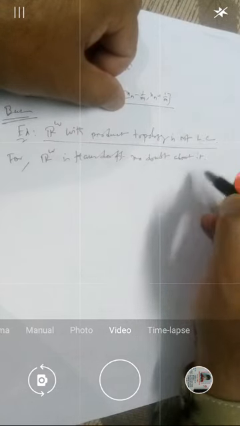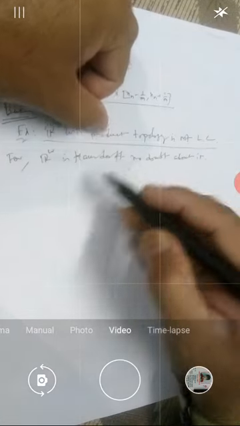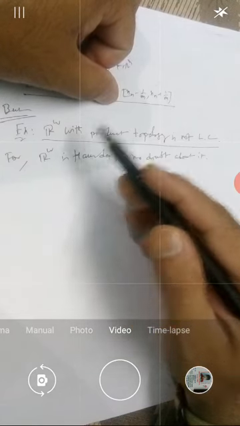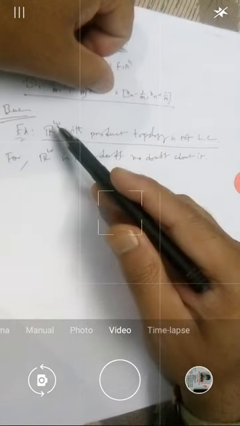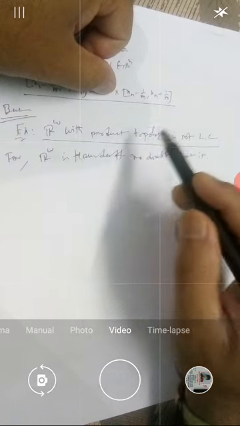because Hausdorff property is productive property, and R with usual topology is Hausdorff. So R cross R cross R cross, R omega means denumerable product of R with itself, R cross R cross R cross R cross endless, with product topology.